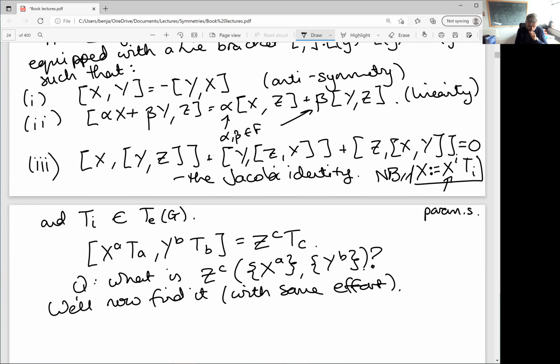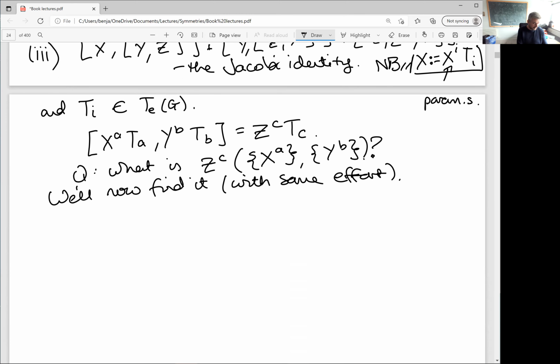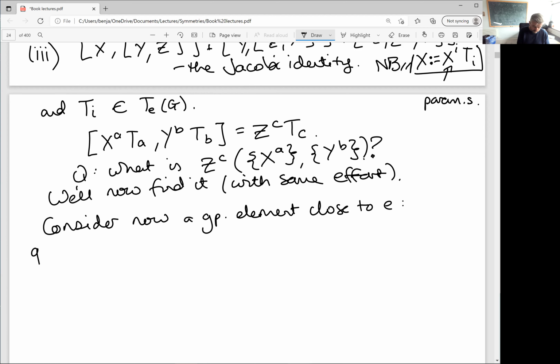All right. Consider a group element close to the identity, g of theta, where theta is going to be an infinitesimal coordinate, in infinitesimal components. That's why it's close to the identity.